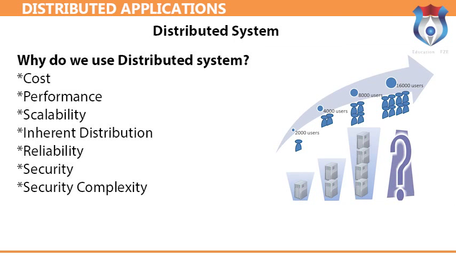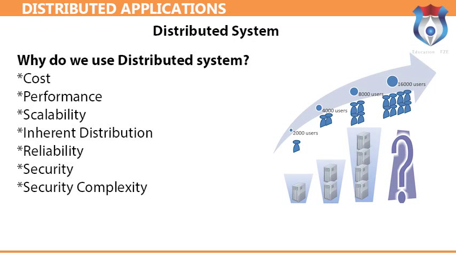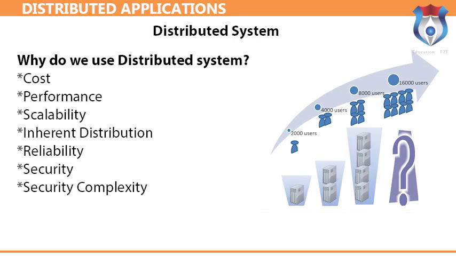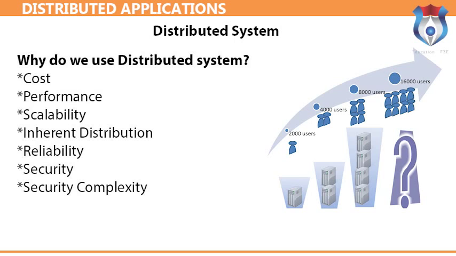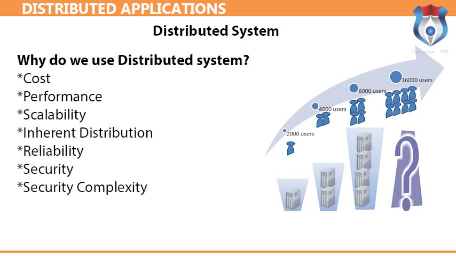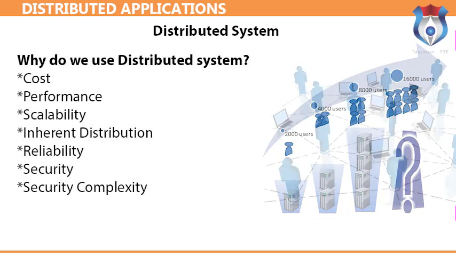Performance: by using the combined processing and storage capacity of many nodes, performance levels can be reached that are beyond the range of centralized machines. Scalability: resources such as processing and storage capacity can be increased incrementally.